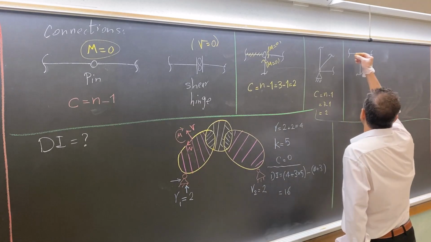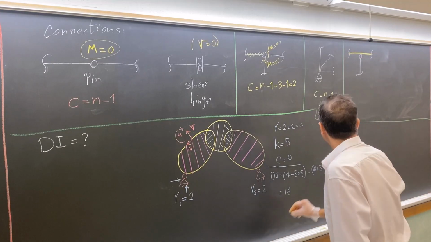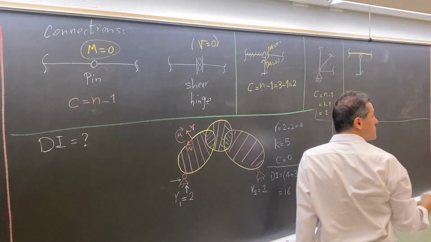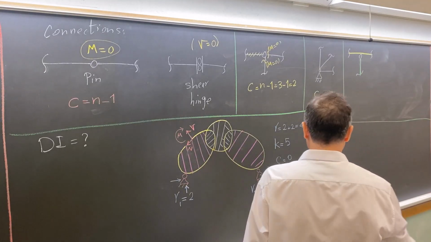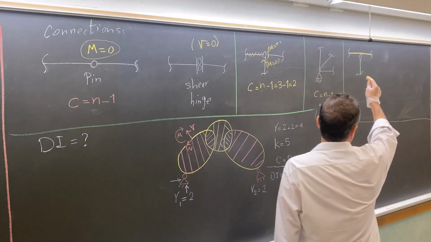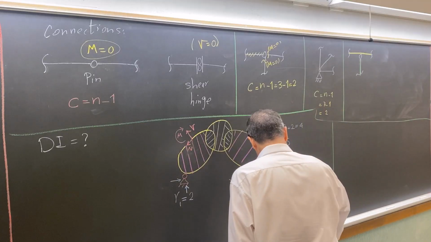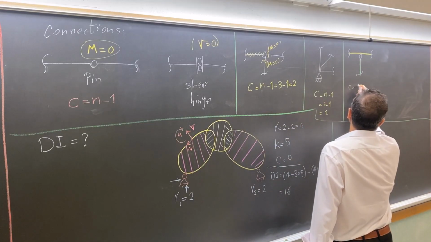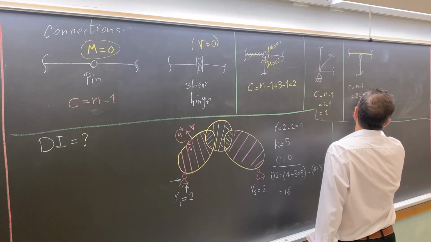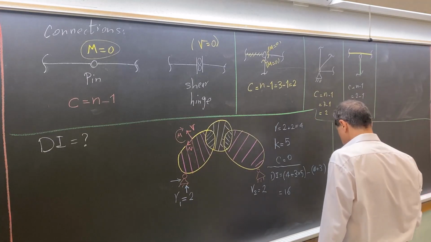So this is one member. This is another member. We have 2 members. Be careful about these details. If the pin is inside, then we have 3 elements, right? So be careful about it. C is n minus 1, n is 2. So the number of condition equations is 1.